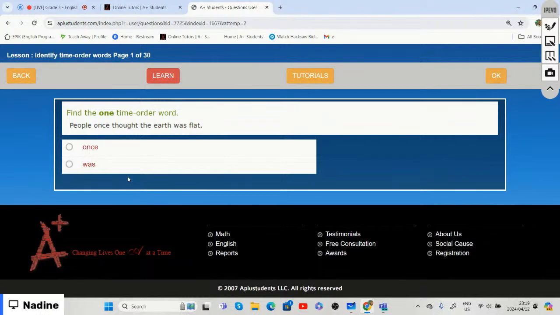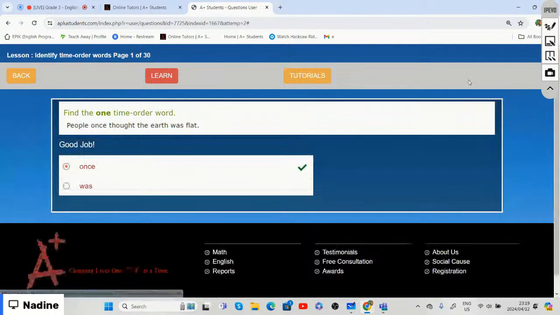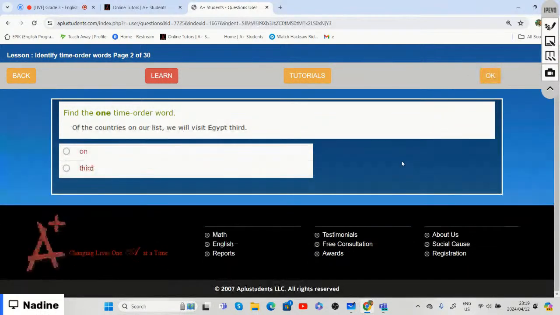So is it option one or option two? All right, and if we choose the correct time order word, we will say it is once, right? Because once is almost like once upon a time, right? People thought the earth was flat. So well done. Once is correct.